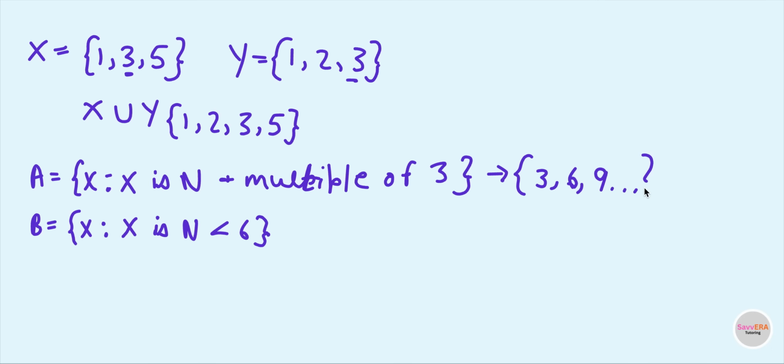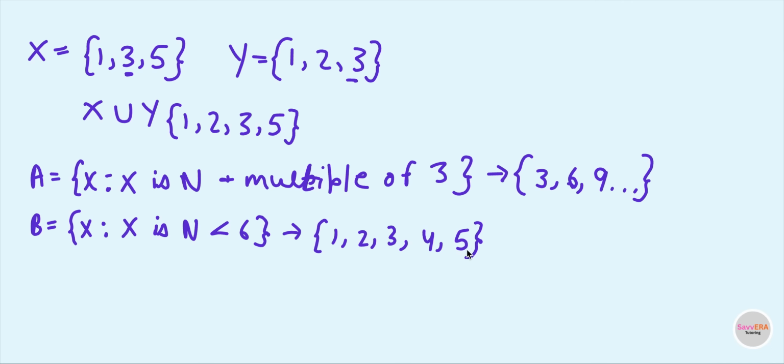Those would be our multiples. And here it says natural number less than 6. So that would become 1, 2, 3, 4, and 5.